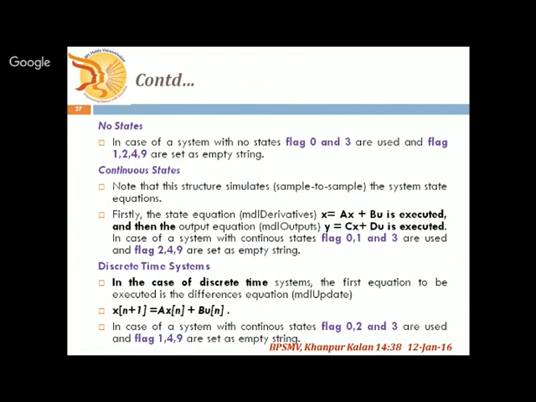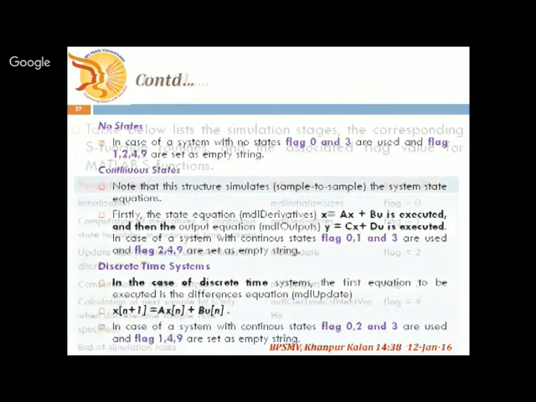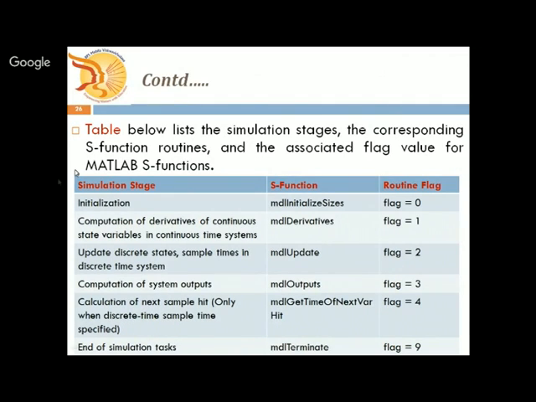Now, an S function can be a system with no state, having only continuous states, or having only discrete states. In S functions, 2 functions are mandatory. MDL initialize size is called every time, and the computation of system output is called every time.